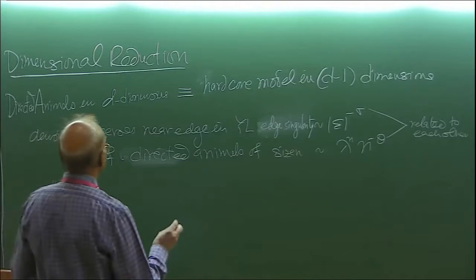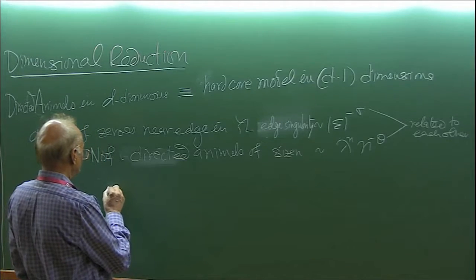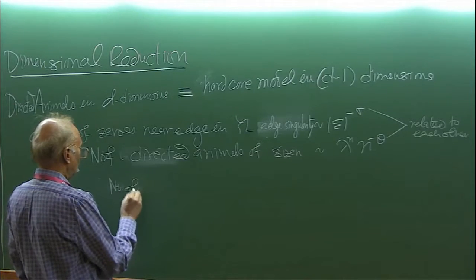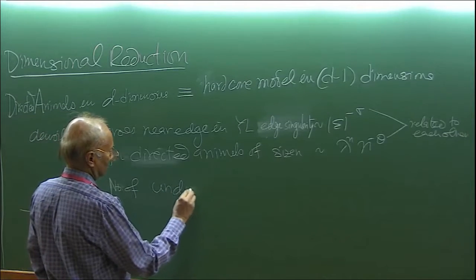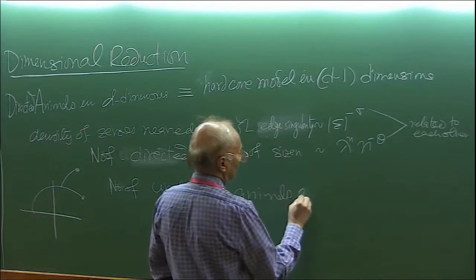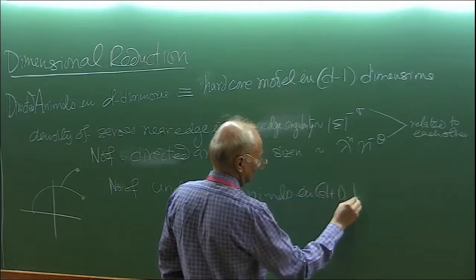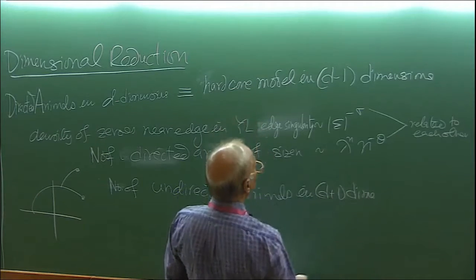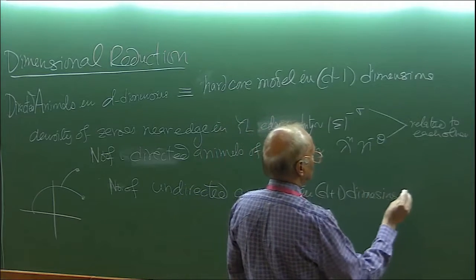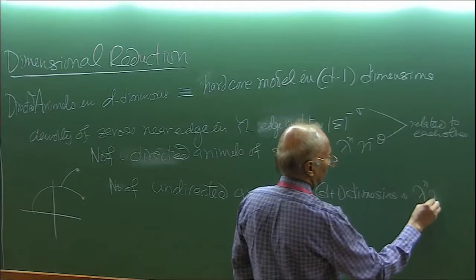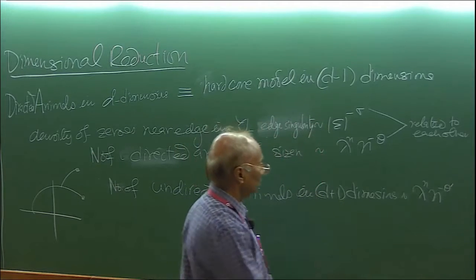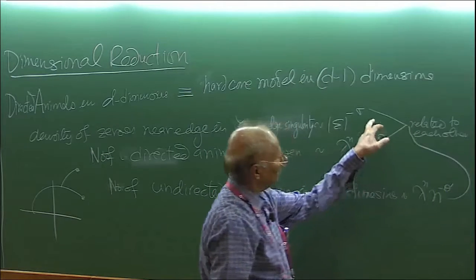The number of undirected animals in d+1 dimensions goes like lambda to the power n and n to the power minus theta prime, and this exponent is actually the same as this theta.